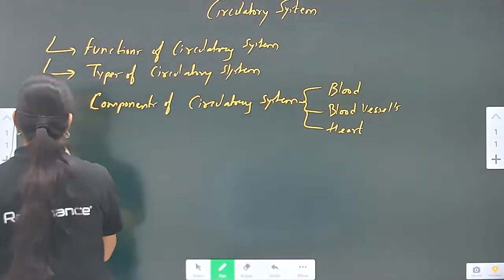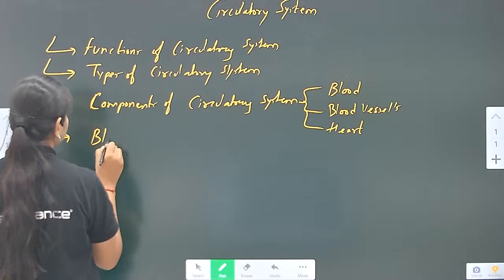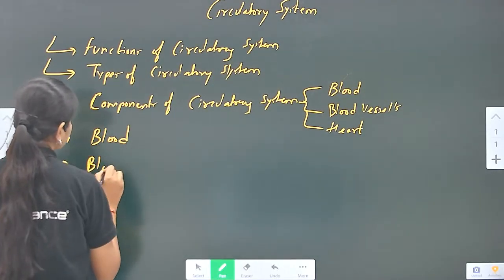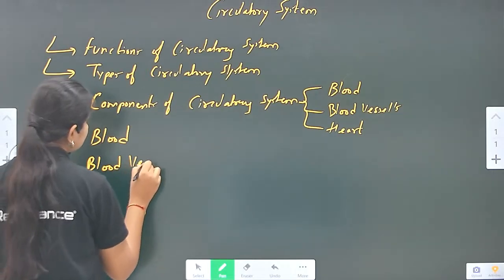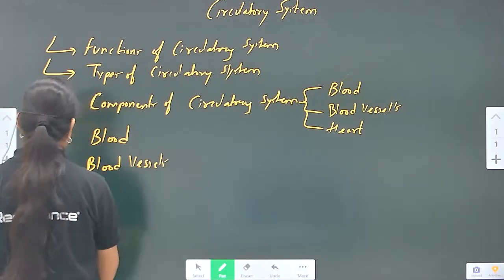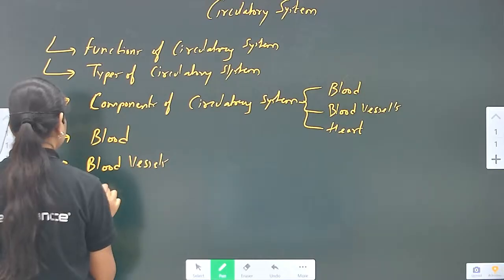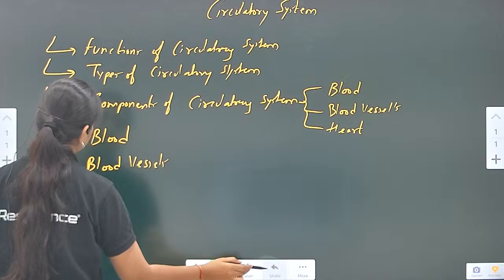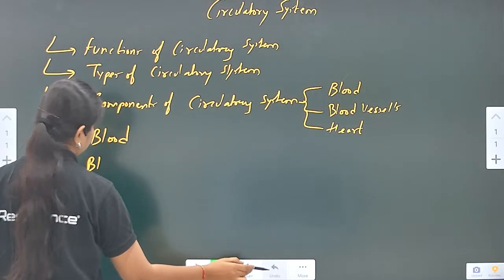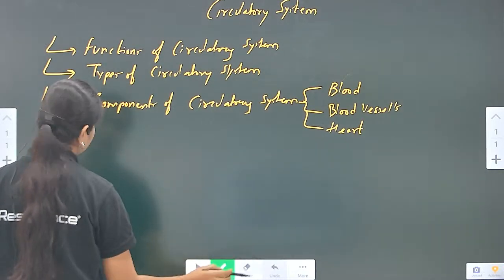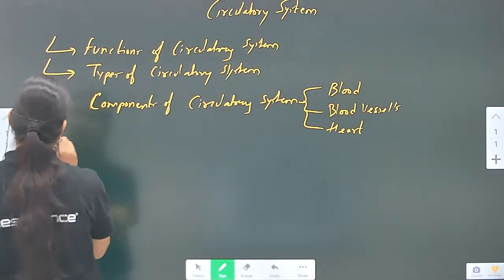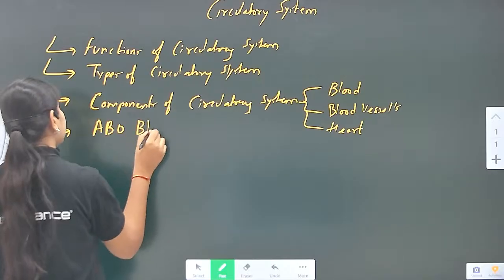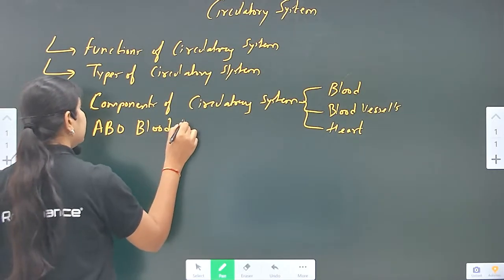Next, we discussed in detail the blood, the blood vessels, and the structure of the heart. Before that, we also discussed the ABO blood grouping.